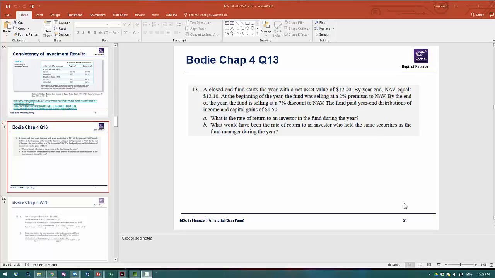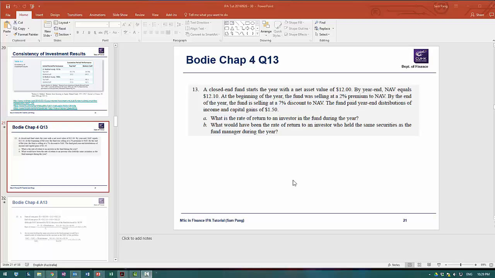Now, the interpretation of this question is as follows. Here you have a fund starting with a net asset value of $12. At the end of the year, the NAV is $12.10. Just for a moment, ignore the second sentence about the premium and discount.